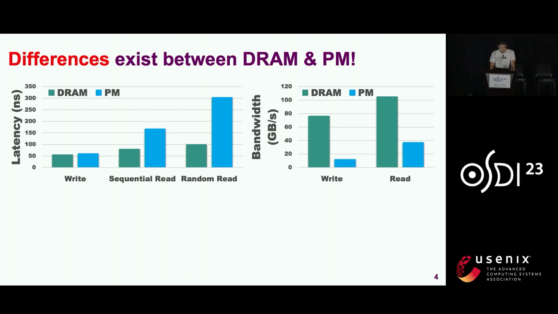Even though PM sounds great and promising, there are differences between DRAM and PM. For example, the read latency of PM is 2 to 3 times that of DRAM. The bandwidth of PM is 1/6 to 1/3 of that of DRAM.